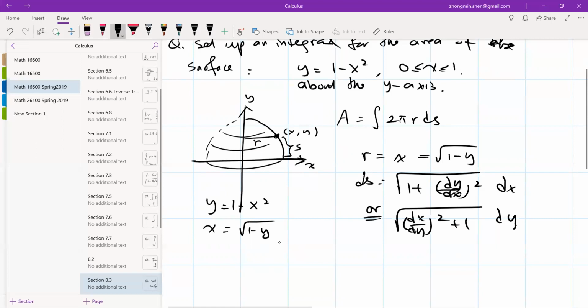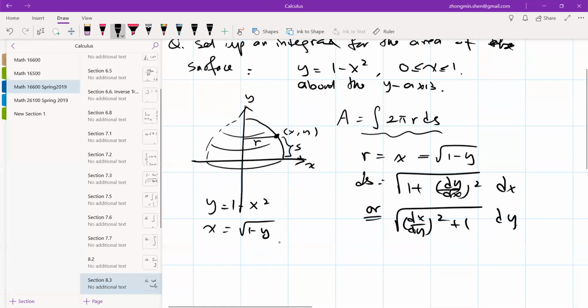If you want to evaluate this integral, as s changes, the arc length changes, then the radius changes too. But how do you find the relation between radius and arc length? In some cases you can, such as a cone, but here it's harder to find. It's almost impossible.